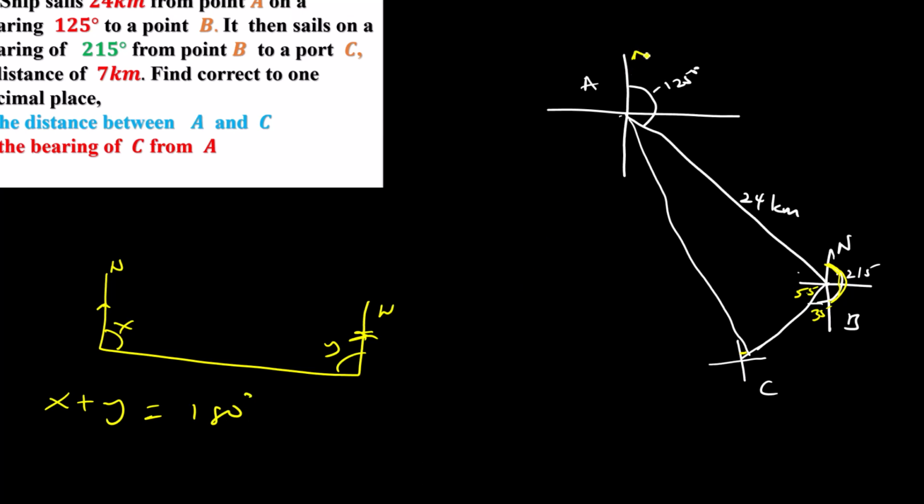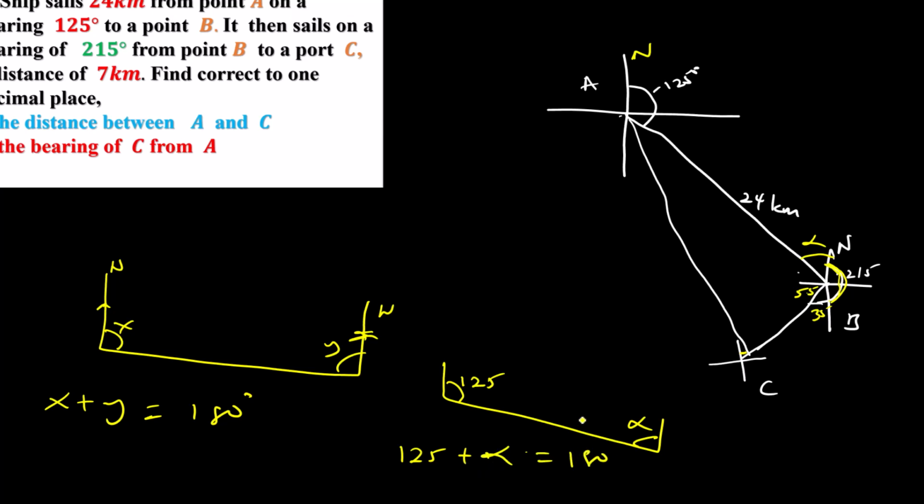We have our north, and when you draw that, it behaves like this. So we have 125, then this side we don't know, let's call it alpha. 125 plus alpha will give us 180.